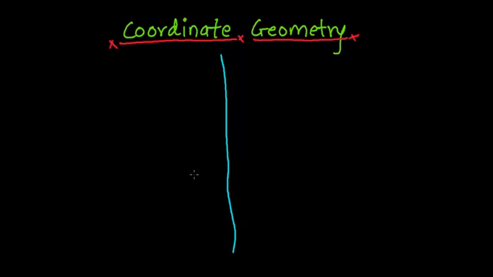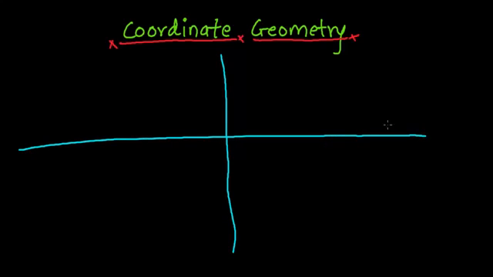Suppose this is my vertical line, and this is my horizontal line. This horizontal line is known as the x-axis, and this is represented as x, and this is x dash.